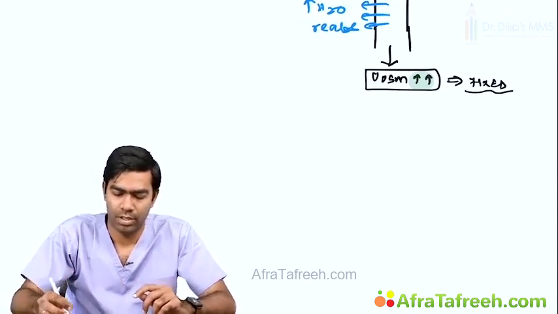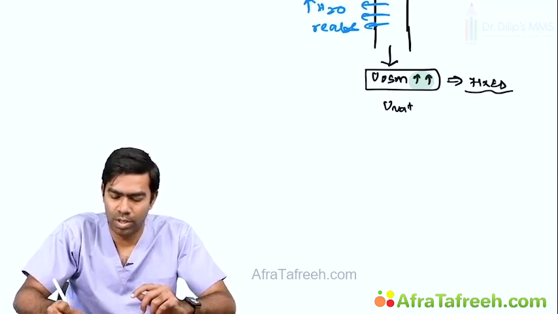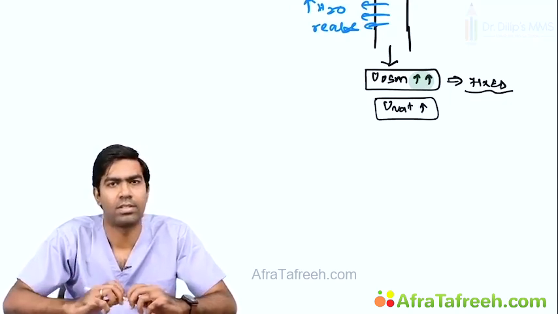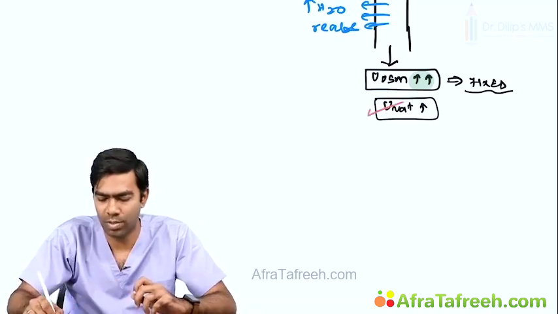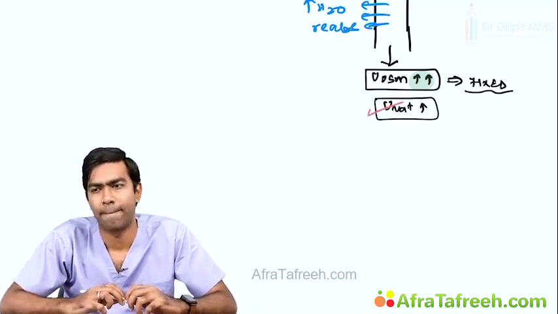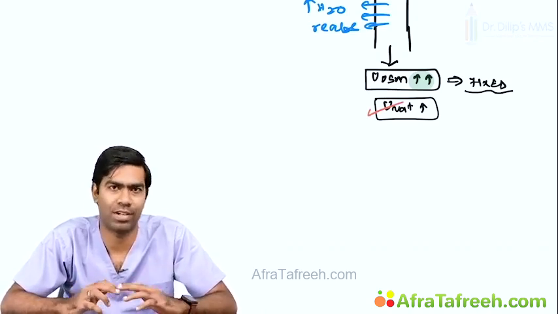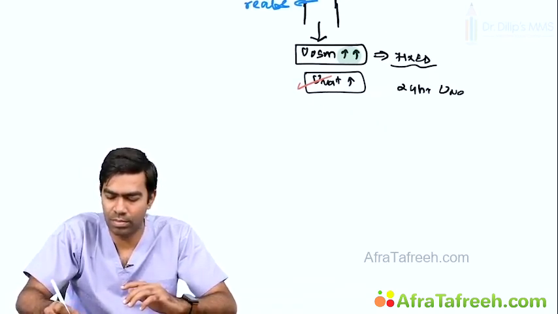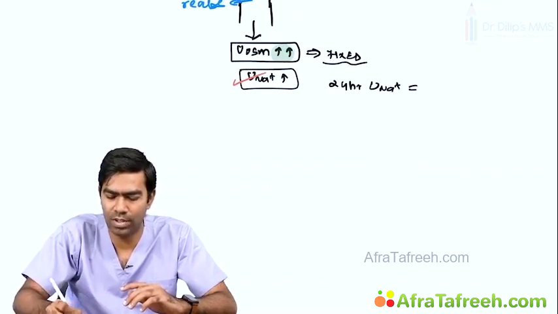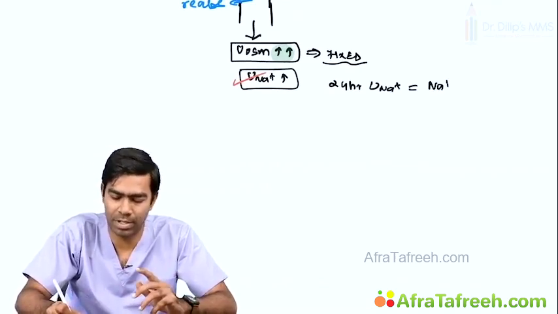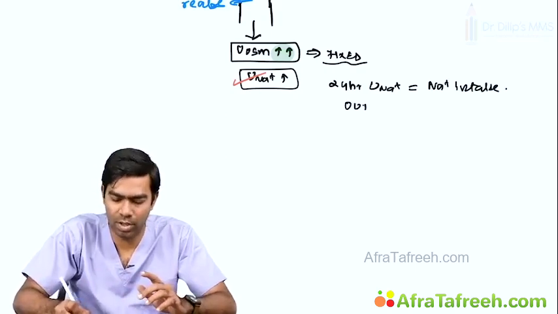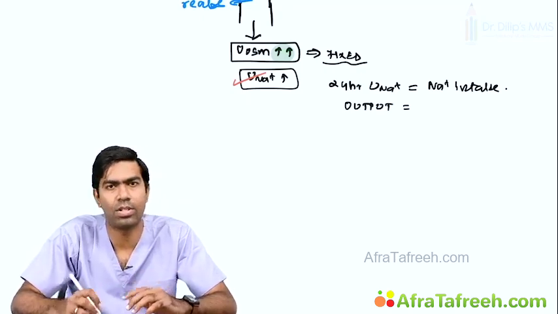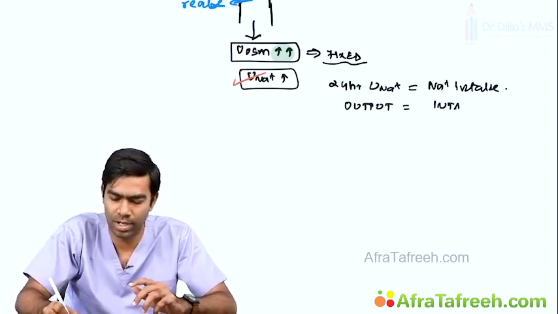Fine. Next, urine sodium will be high in these patients. You have to answer this: why is urine sodium high in these patients? Actually, this high urinary sodium is like an artifact. Because if you take 24-hour urine sodium, that will usually be equal to the sodium intake of the patient. Which means the sodium output from the urine is equal to the sodium intake.